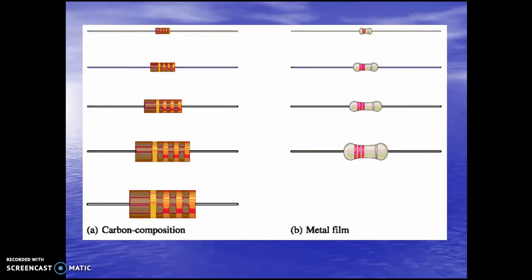Okay, so to start with, there's a few different kinds of resistors that are available commercially. There are carbon composition resistors that look like the ones on the left, and metal film resistors that are perhaps more common in the TEJ environment and in our classroom.